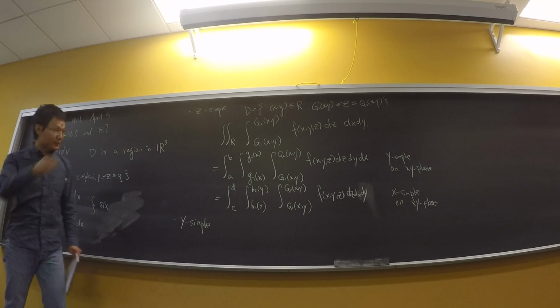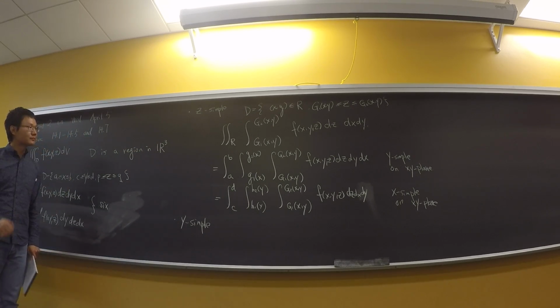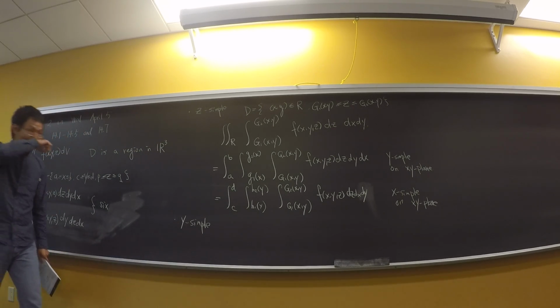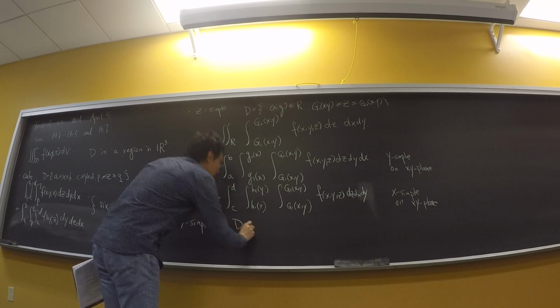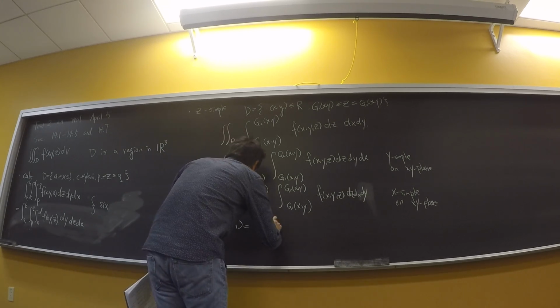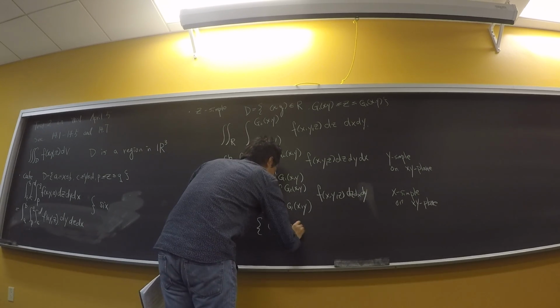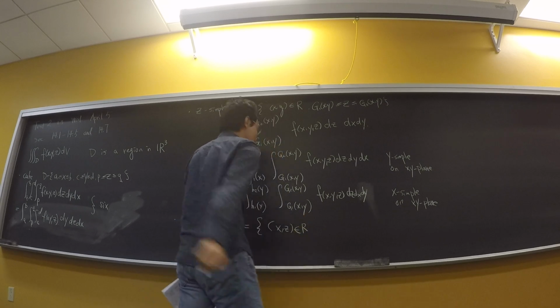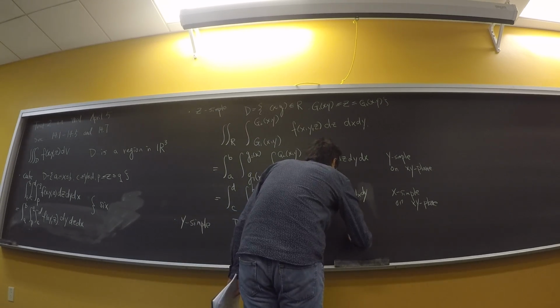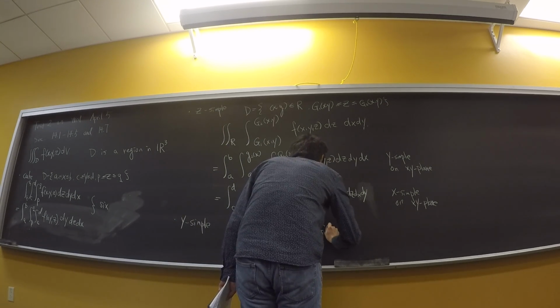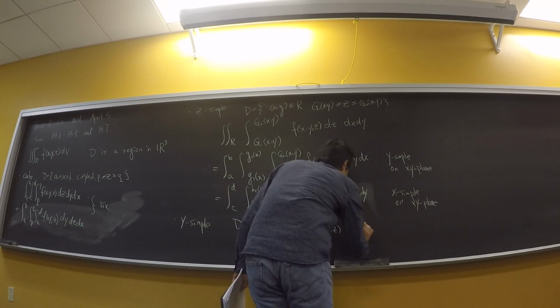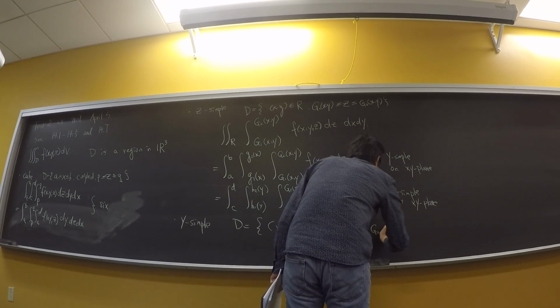And we also talk about y simple region. So in a y simple region, my region is identified as (x,z) is in R, where y is bounded between g1 of xz and g2 of xz.